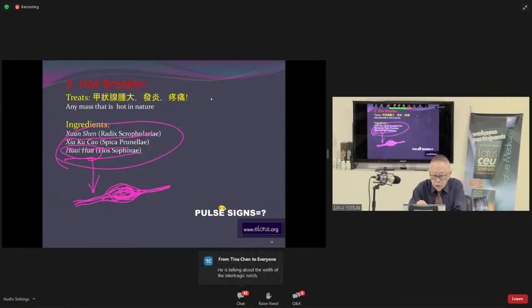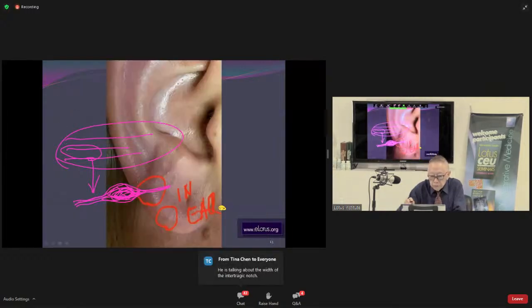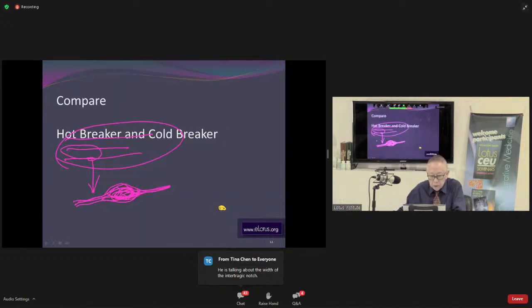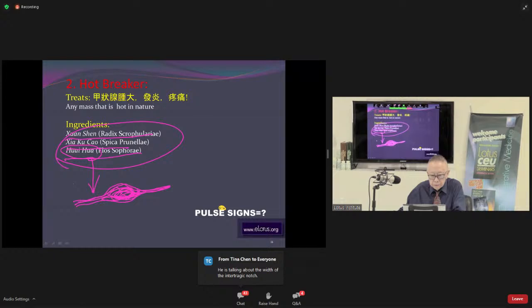Heartbreaker. So the veins. This is the swollen veins, or even something in the artery, like an aneurysm in the head.